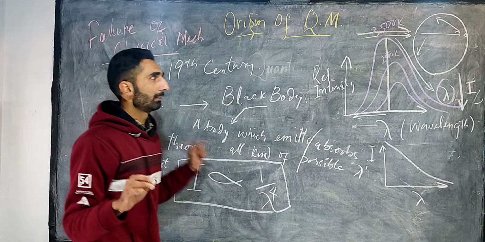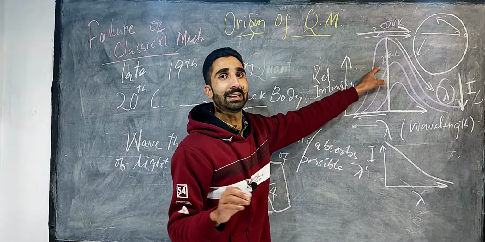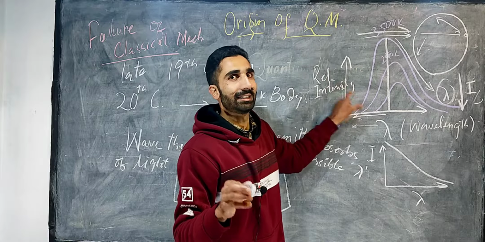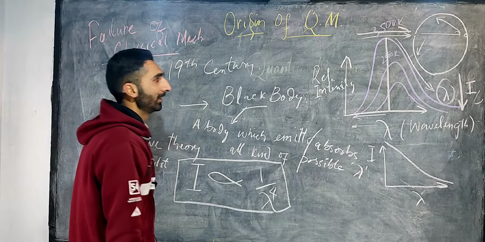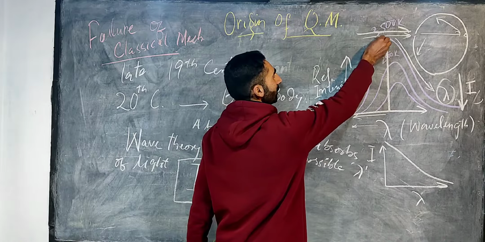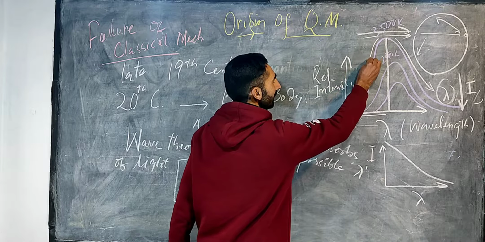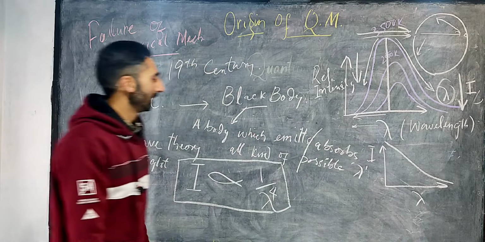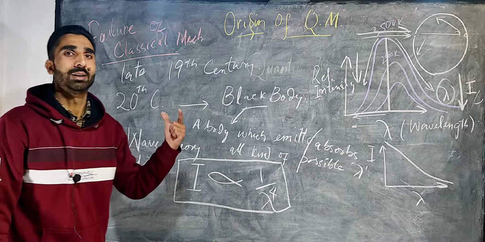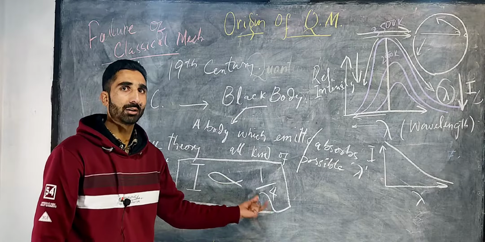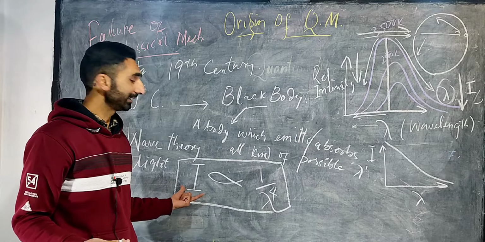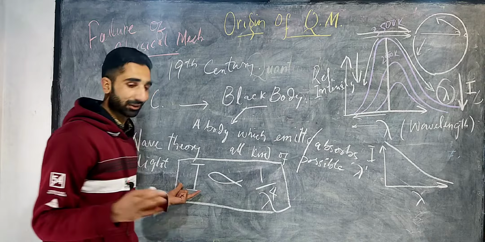But there was a blow to it, that with the decrease in the wavelength, there is again a decrease in the intensity. You can see from the graph also, because if we decrease the wavelength, the intensity gets decreased, which is against this very thing, because it says that for lower and lower wavelengths also there should be an increase in the intensity, but that was not the case.